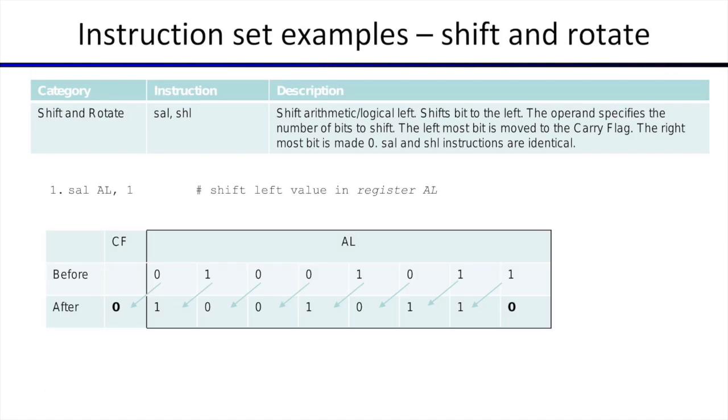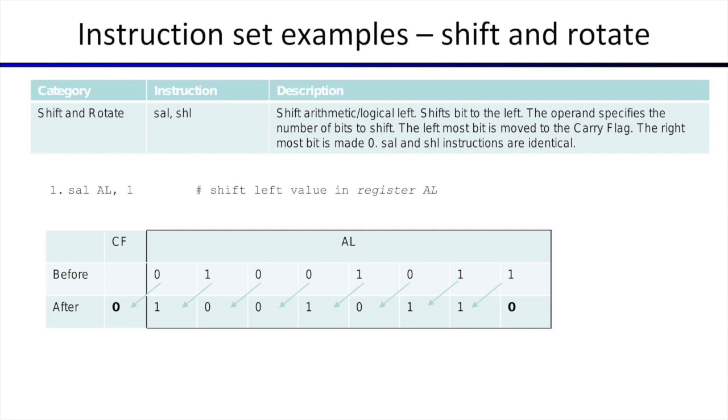So more examples: shift and rotate instructions. Shift and rotate instructions move bits around in the byte or in the data that you use. Take an example here. SAL and SHL are shift left, and the difference between A and H is shift arithmetic left versus shift logical left.